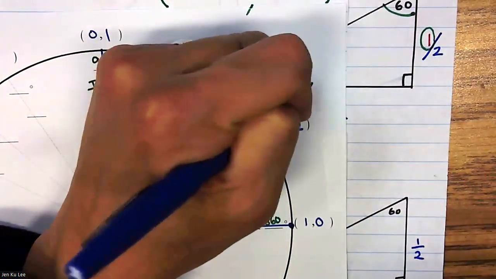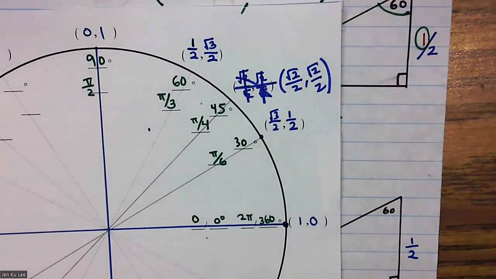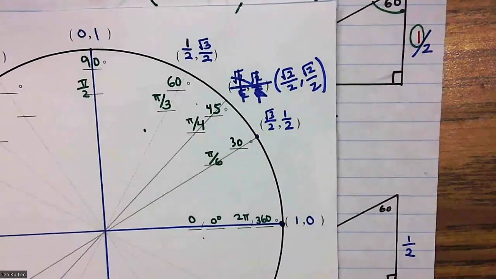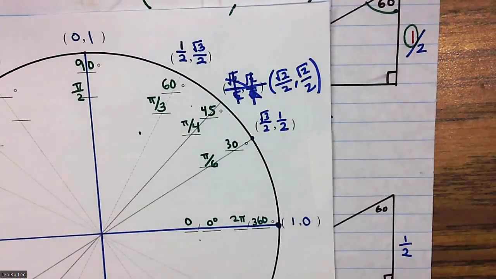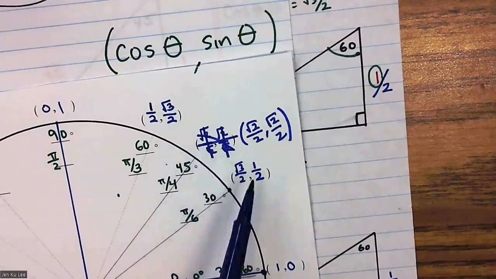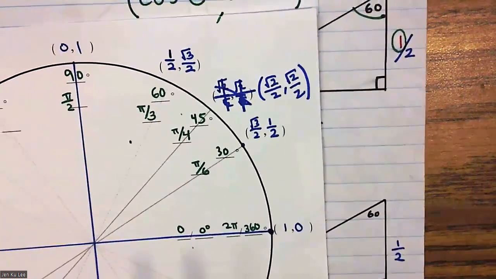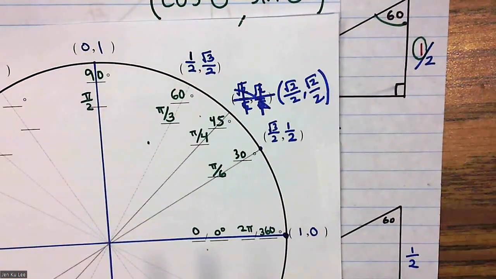Square root of 2 over 2. Square root of 2 over 2. I'm sorry. Now looking at the unit circle, if I have cosine and sine, what's tangent? There's something to think about. That's the lesson for today. We're going to fill this out later on.